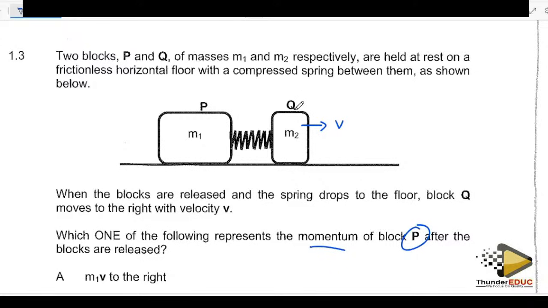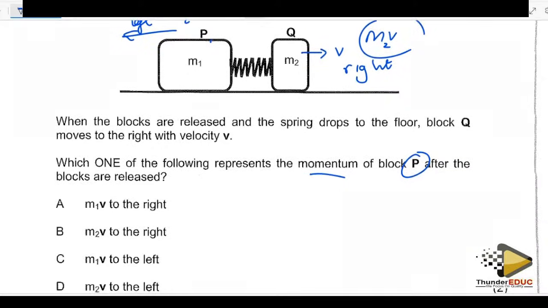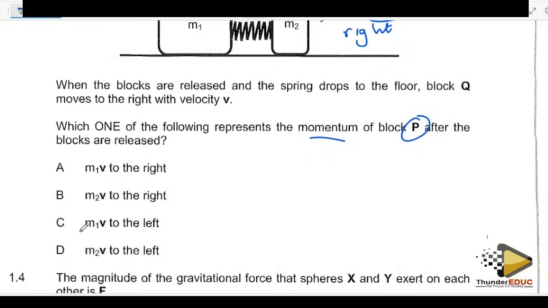If Q has M2 times V as its momentum, then the same should be applicable to P, but in the opposite direction. If this is to the right, then this is going to be to the left. So we expect to have M2V, but to the left. Is there an option like that? M2V to the left, that is option D.